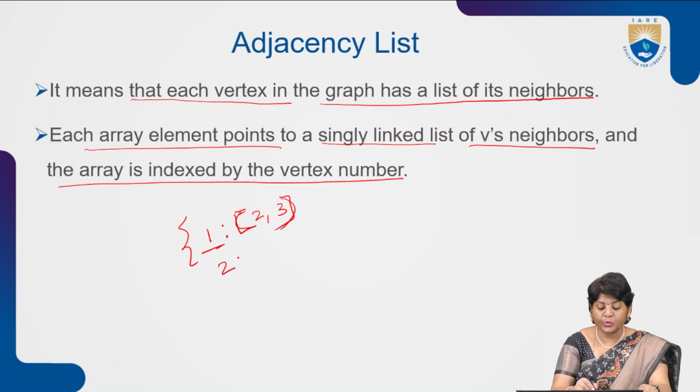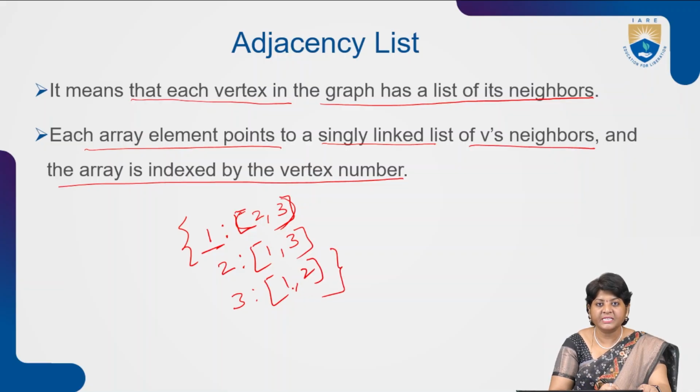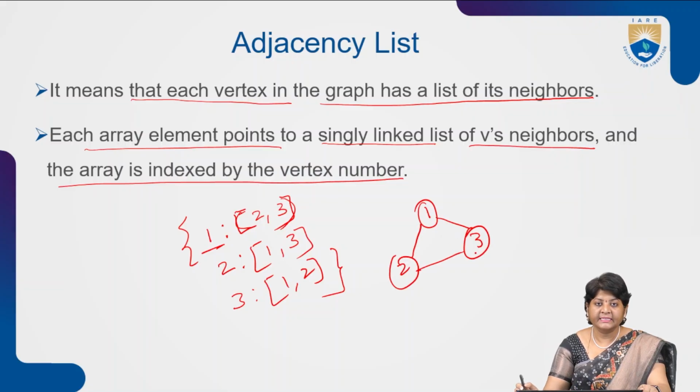And vertex 2 is also connected to 1 and 3. Vertex 3 is also connected to 1 and 2. So this is the adjacency list representation, a simple form of a graph in terms of adjacency list representation. And this is the graph we saw in the previous slide, which is an undirected graph.